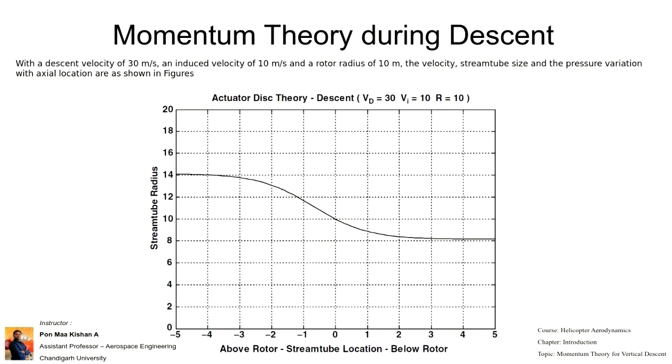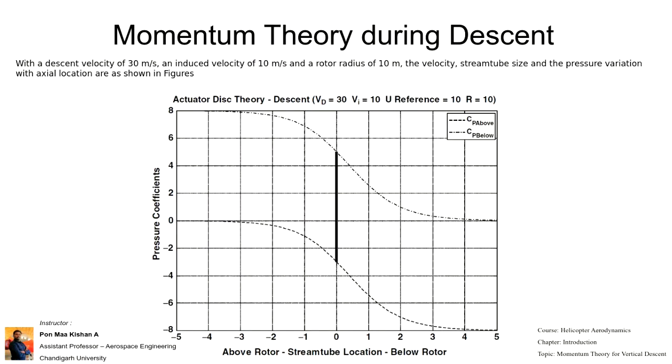The stream tube calculation has also been done. Now the pressure coefficient and pressure difference: the upper line indicates Cp upper, whereas the lower line indicates Cp lower.